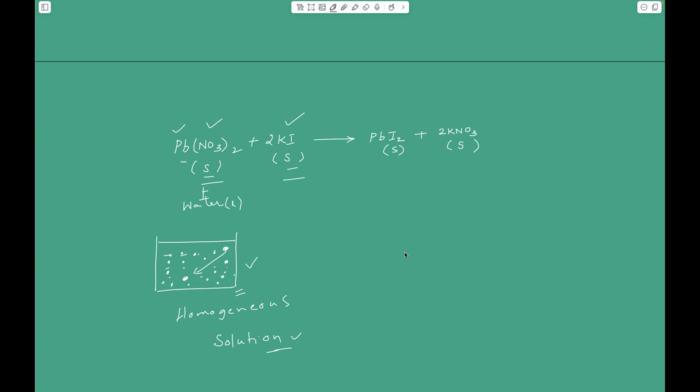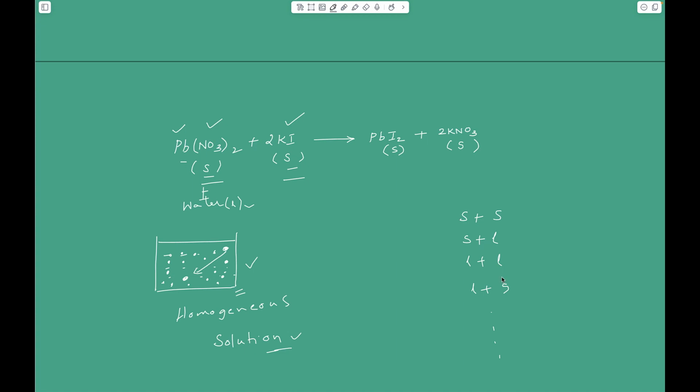But in general, solutions can be prepared by mixing substances in any physical state. You can prepare a solution of a solid in a solid, solid in a liquid, like we did here, liquid in a liquid, liquid in a gas, and so on.